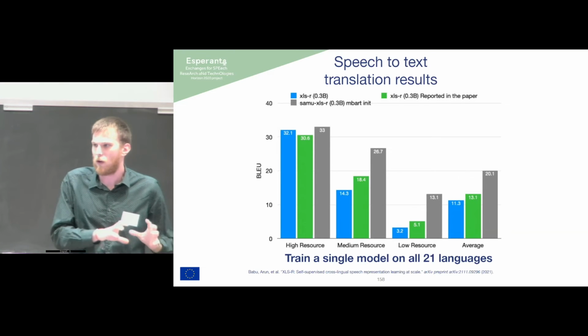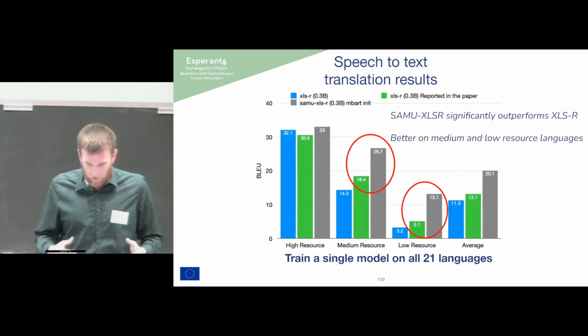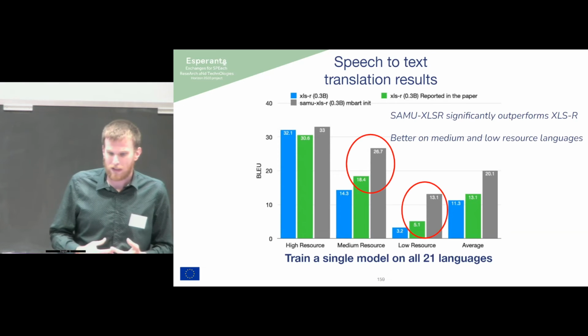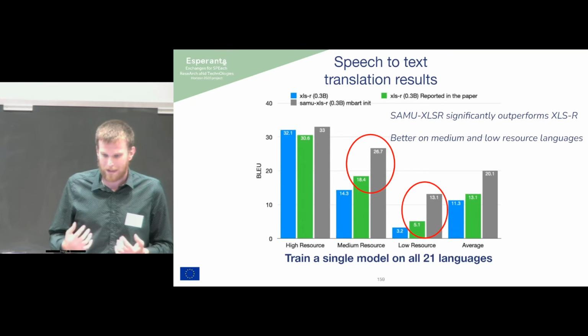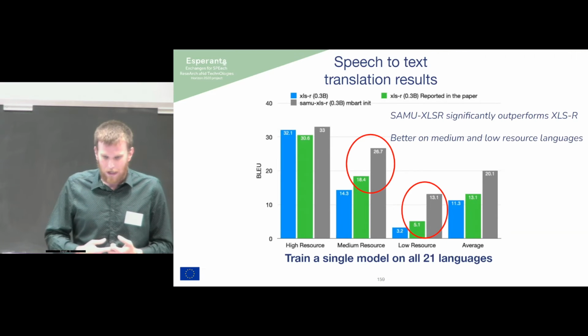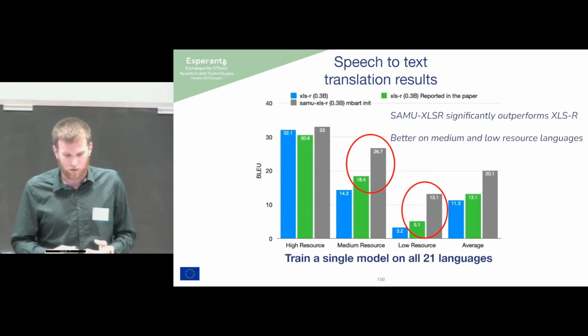We are fine-tuning the encoder-decoder using all the 21 languages in the data set. So the conclusion we get from these experiments is that SAMU-XLSR significantly outperforms XLSR when used as a speech encoder for this task. And this improvement comes mainly from the medium and low resource languages.